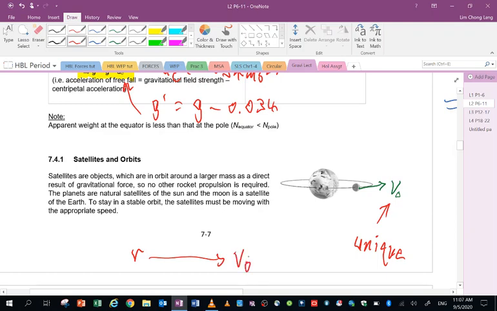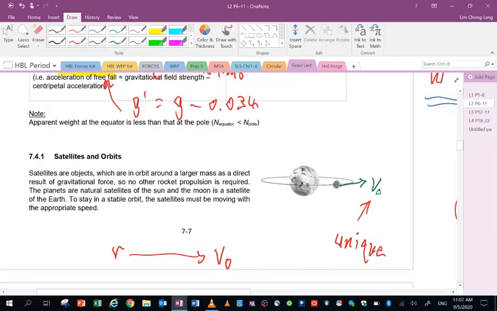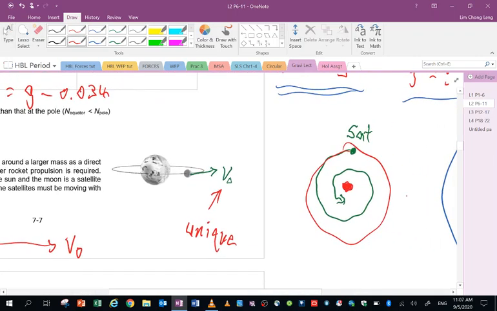Suppose you do not supply a value which is exactly v naught, you supply a value which is less, then the body will spiral towards Earth. Suppose this red one is Earth. Then the satellite will spiral towards Earth and crash onto Earth.